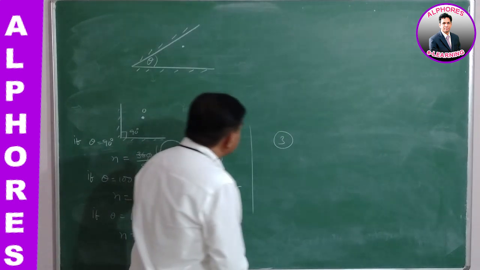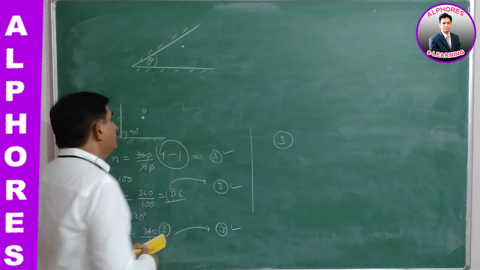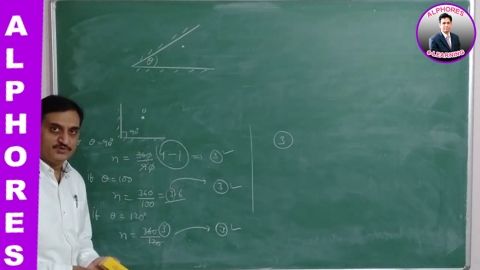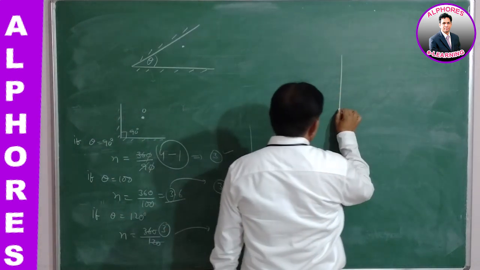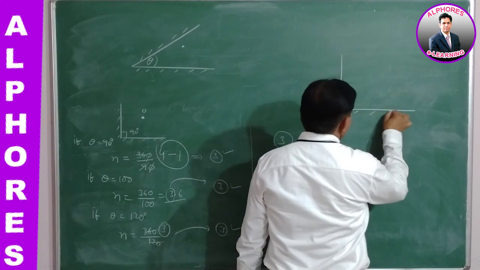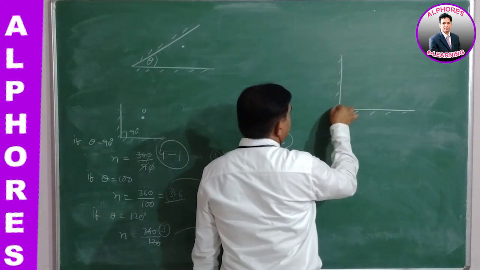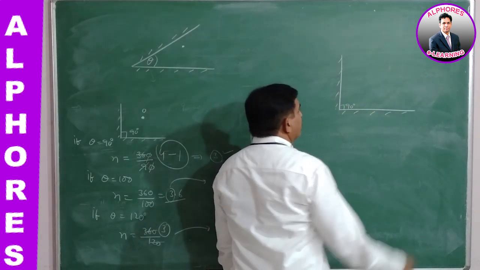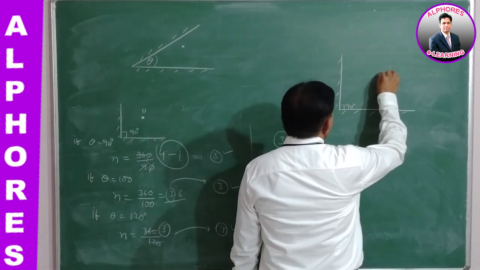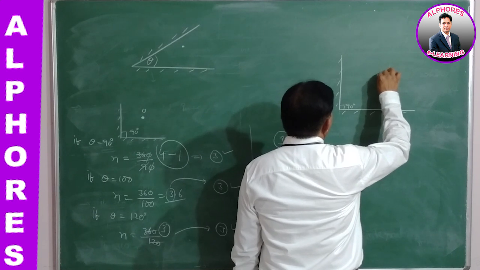The next one is if two plane mirrors are kept perpendicular to each other, at 90 degree, with an object kept between these two plane mirrors.